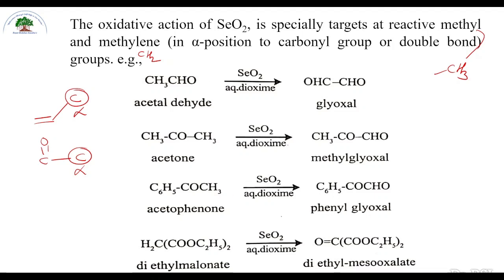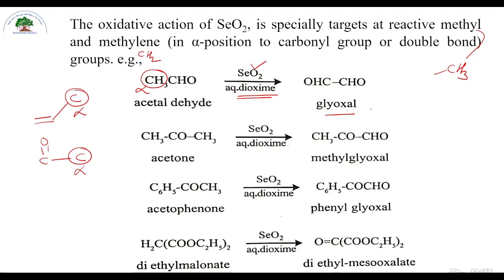Let us see some examples. Acetaldehyde, under aqueous condition, dioxane is used as solvent. Selenium dioxide converts this acetaldehyde into glyoxal. What happened here? This is the alpha position and it is oxidized to the aldehyde group CHO.